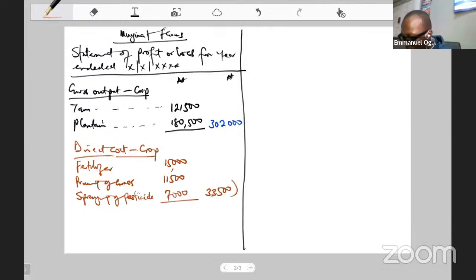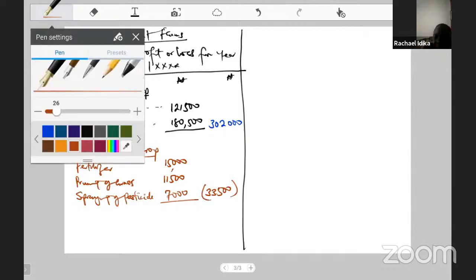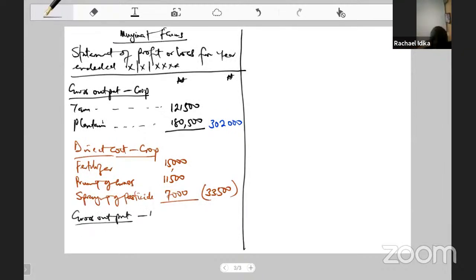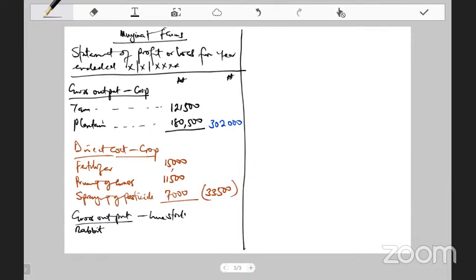So what do we do? We add or we deduct? We deduct. So let's go to the next gross output. What's the next gross output that we're going to deal with? Livestock. What are the livestock that we have? Rabbit and grass cutter.